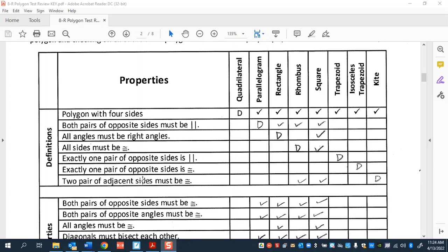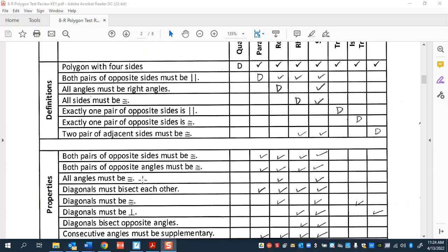The definition of a parallelogram is both pairs of opposite sides are parallel. So each time there's a D, that is the defining characteristic that makes a rectangle, a rhombus, a rhombus. But you have all those other incidentals that are true also. So check your check marks with mine.